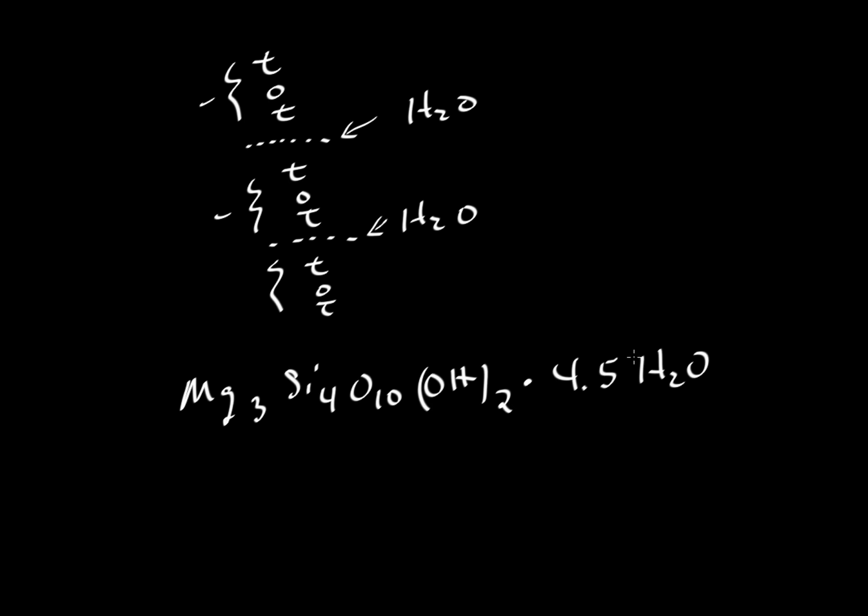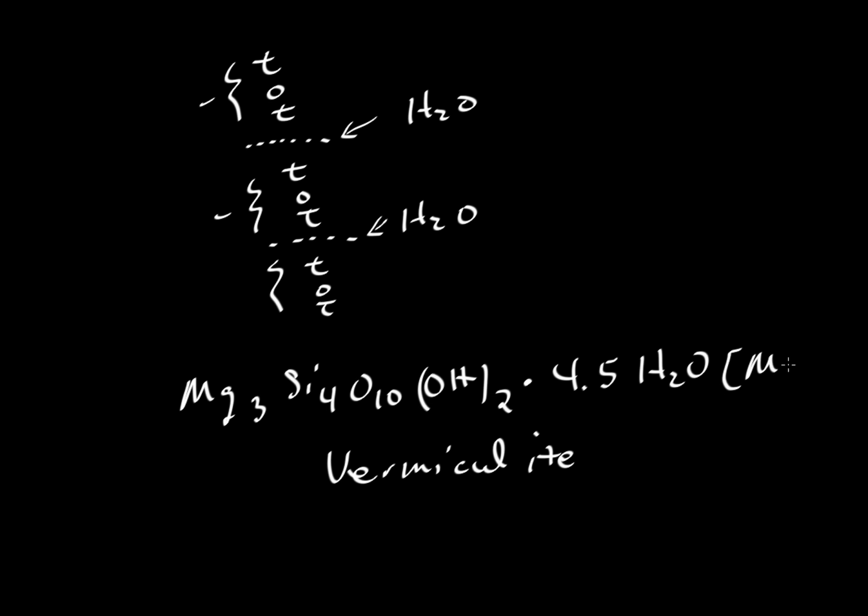There's some polarity with the H2O molecules, and so together these things can bond and make for relatively weak bonds. That water can easily be pushed out of the structure, collapsing the vermiculite back into talc. But this would be an example of vermiculite, a very hydrated example of a layered silicate.